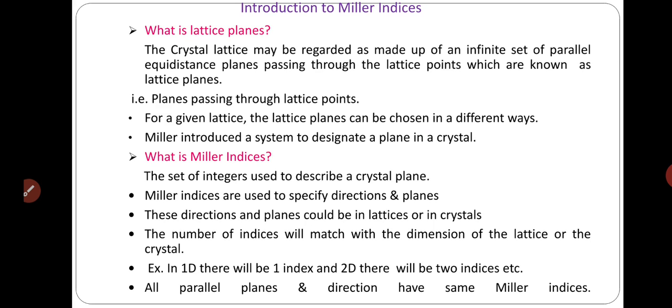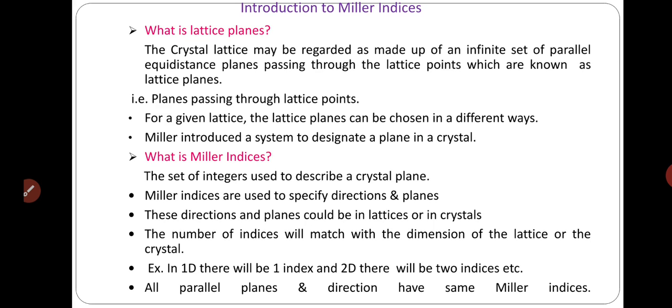Now before calculating the Miller indices for planes and directions, let us discuss in short what lattice planes are. In previous lectures, we have discussed the concept of lattice, basis, crystal structures, unit cells, primitive cells, etc. And as you know, lattice is a symmetric array of points in space.